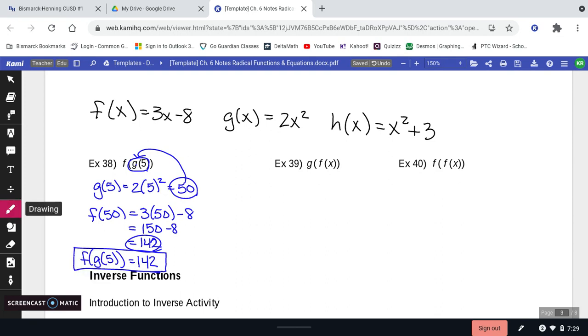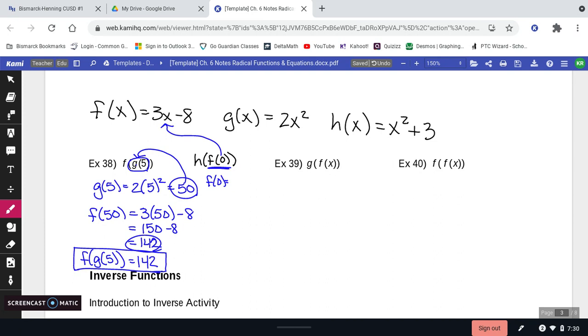Let's do one more of those just so you can see it again. I'm just going to make something up. So h of f of, no, we'll do 0. Okay, so now, again, you're going to start with this inside piece. You're going to do f of 0. So I'm going to take 0 and I'm going to plug it into function f.